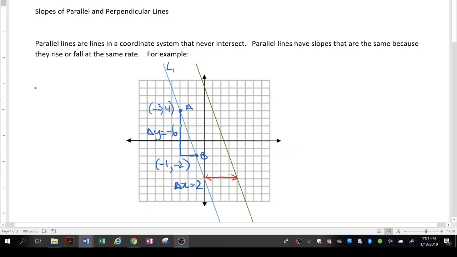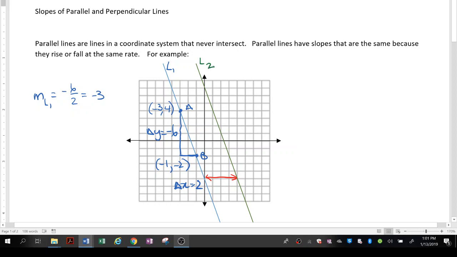So the slope of L1, the change in y over the change in x, is -6/2 or -3.